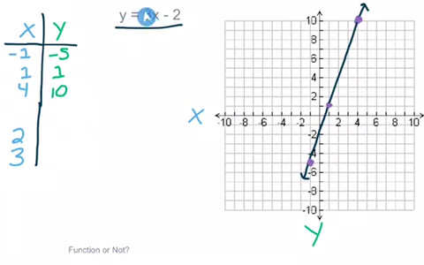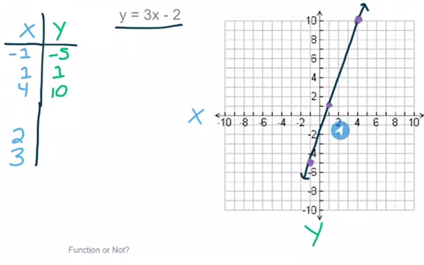Instead of using my equation this time, I can use my graph to find my answers. So if my input is 2, my x value, I can find 2 along my x-axis. Oh, that's -2. I'm going to find +2. And then to find the y value for it, I just need to go up until it intersects with my line.